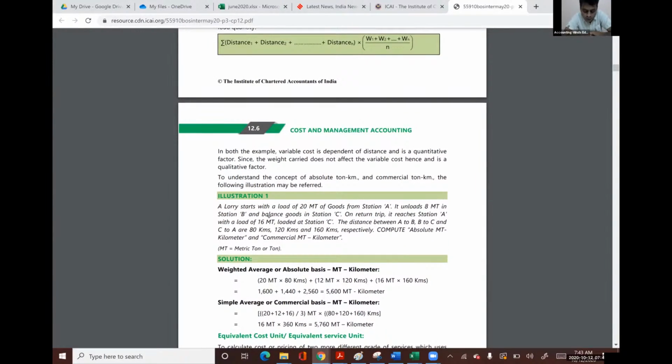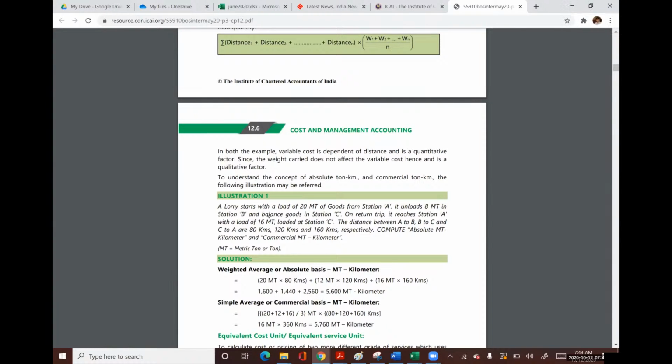A lorry starts with a load of 20 metric tons from station A, and it unloads 8 metric tons in station B, right? So that means that 8 metric tons travel from A to B, and the distance between A to B is 80 kilometers. Guys, you're getting it? Yes, sir.